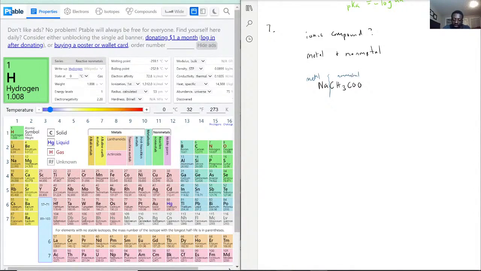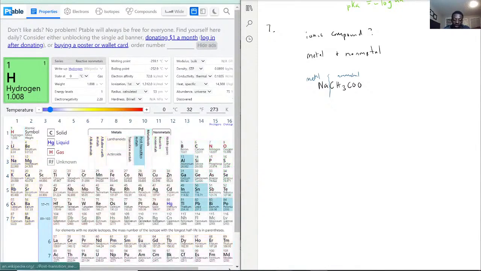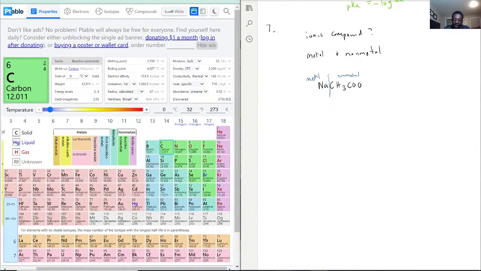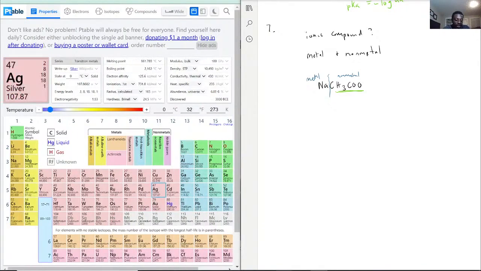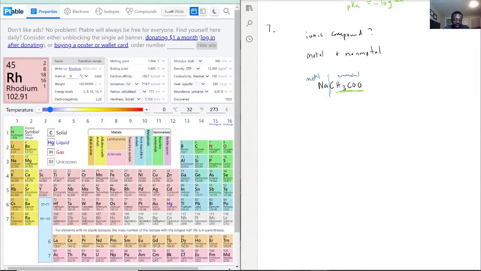Because if you go through CH3COO, hydrogen is a non-metal, carbon is also a non-metal, and oxygen is a non-metal. So everything here is non-metal, and then on the metal side, all we have is sodium. So that is how you distinguish an ionic compound.